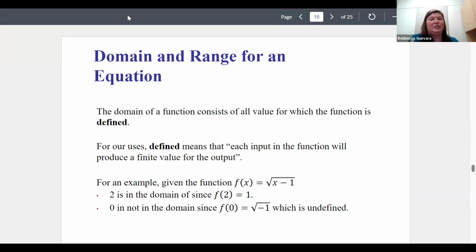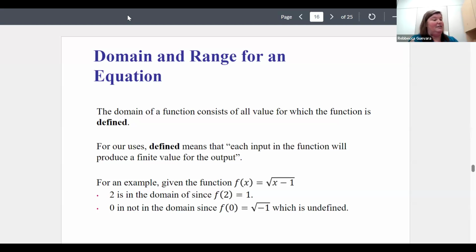So the domain of a function consists of all values for which the function is what we call defined. For our uses, defined means that each input in the function will produce a finite number in the output. So if I can put an X in and I can get a Y out, it's defined.